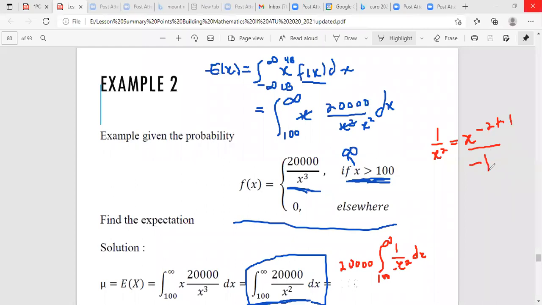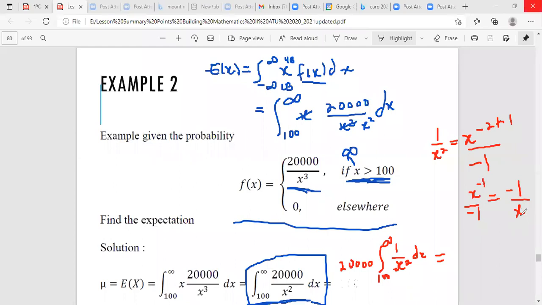So the integral of 1 over x squared is x raised to the power -1 over -1, which is the same as -1 over x, because x raised to the power -1 is the same as 1 over x.